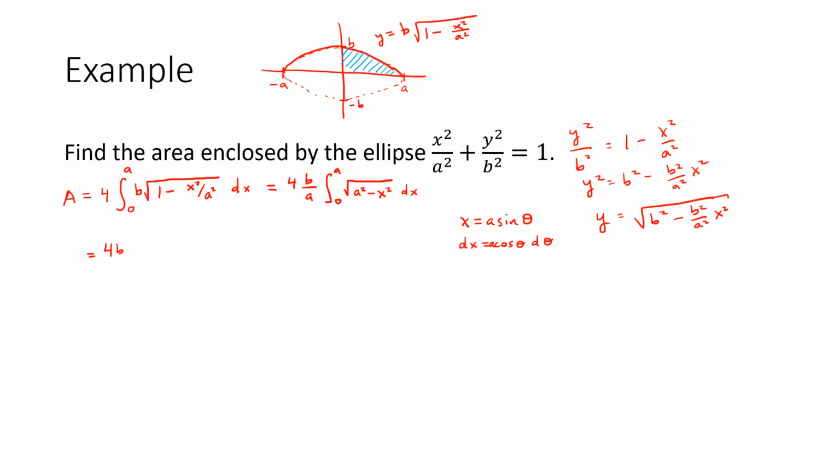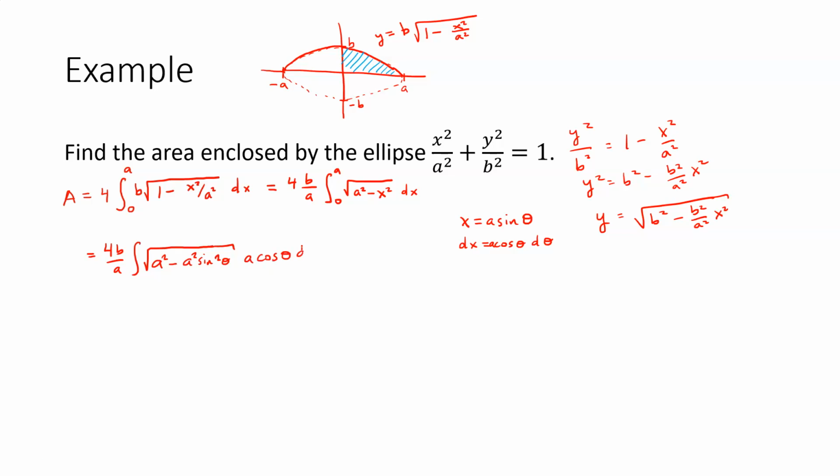So we got 4b over a, integral from 0 to a. And actually here I'm going to leave those limits of integration for now because we're changing to a new variable. So let's see, I'll have the square root of a squared sine squared, and then dx will be a cosine theta d theta.